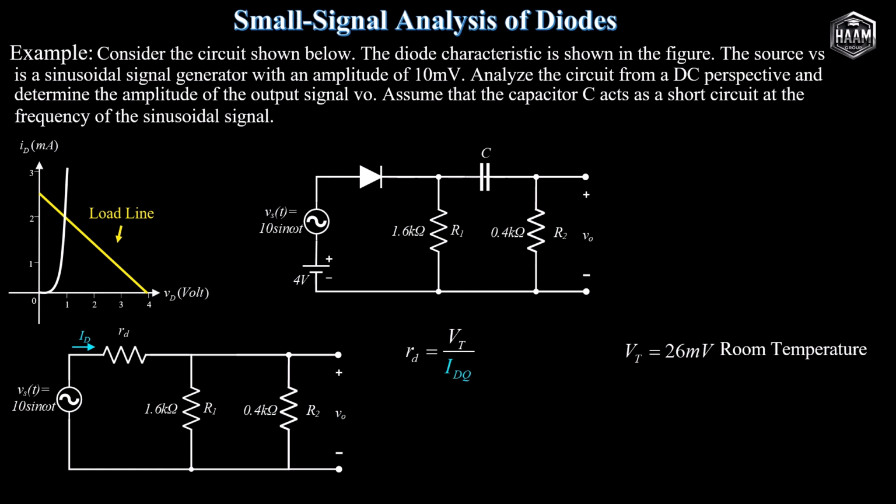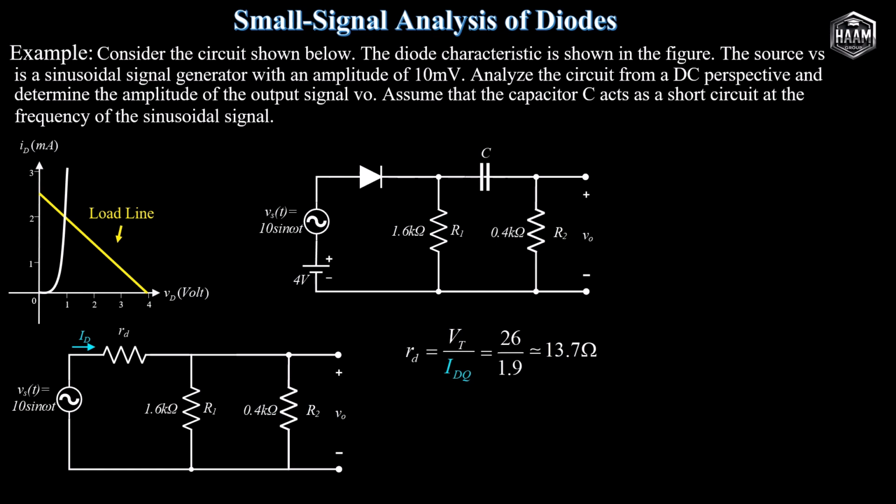Substituting values, 26 millivolts divided by 1.9 milliamps yields the dynamic resistance equal to approximately 13.7 ohms. In the AC model, we observe two parallel resistor branches.